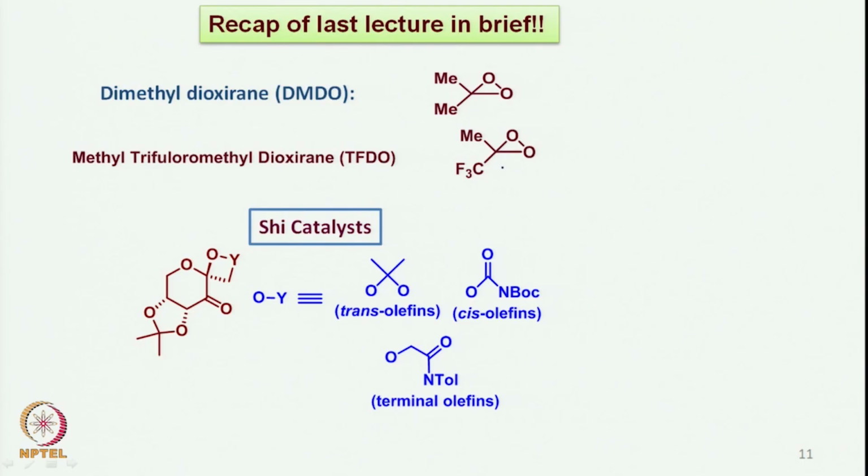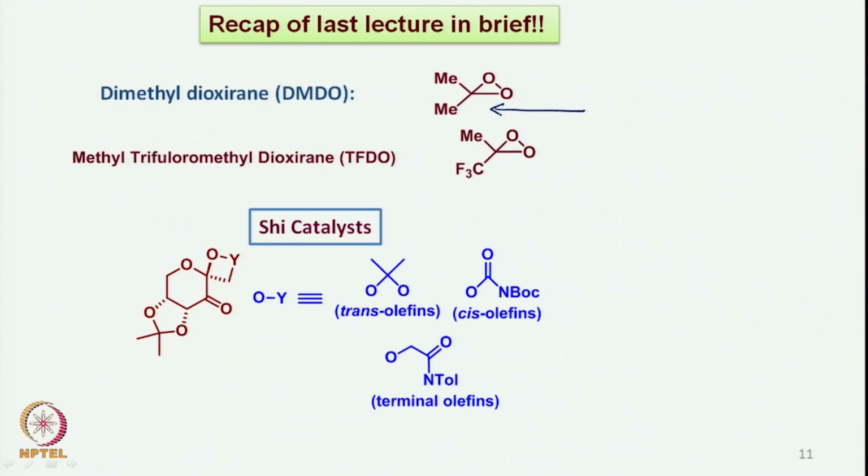So, the first one and the most popular dioxazine is dimethyl dioxazine, whose structure is this, and I mentioned last time that one can take different ketones and one can prepare the corresponding dioxazines, particularly in situ, that means inside the reaction, and carry out the epoxidation of olefins.